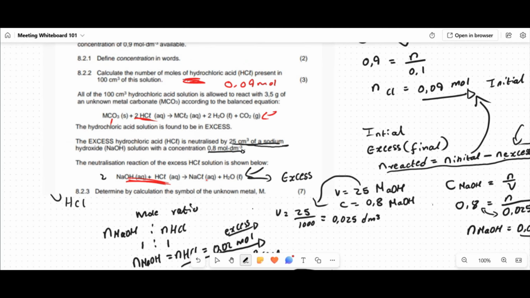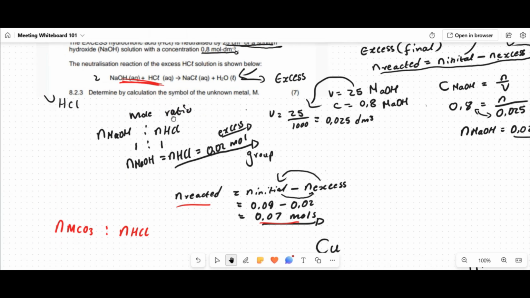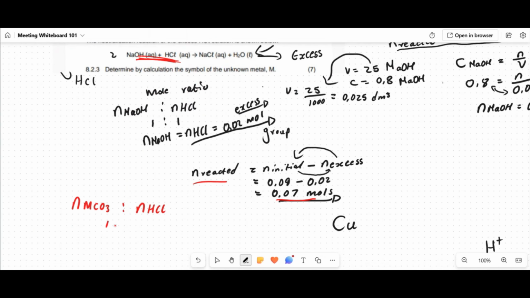For every 1 mole of metal carbonate, 2 moles of HCl were being consumed right there. So it is 1:2, right? And then what is the number of moles of metal carbonate? I don't know. I'm going to say n(MCO3). Then what is the number of moles of HCl?